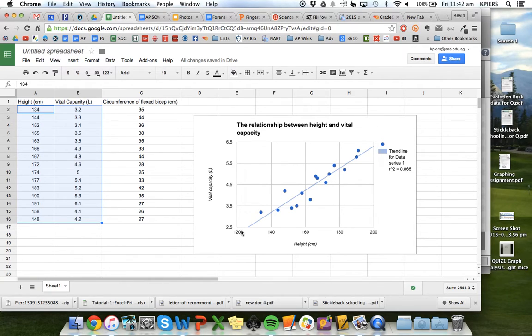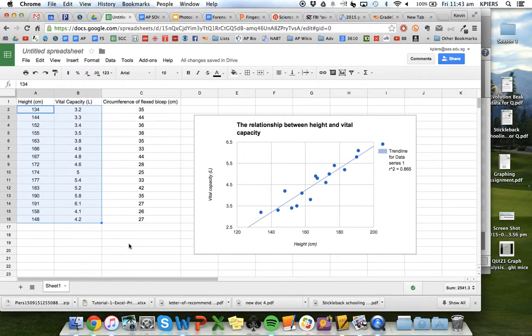So in this case, because the line slopes up like this, it is a positive correlation between height and vital capacity. In other words, as people get taller, their vital capacity increases as well. And it's a pretty strong correlation because it's got an R squared value of 0.865. So that's a good indicator that the two are correlated with one another.